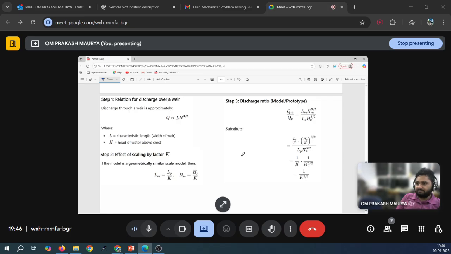So generally in a weir, discharge is approximated like that. L is the characteristic length, which is the width of the weir, and H is the head of the water above the crest. Step 2, effect of scaling by factor k.